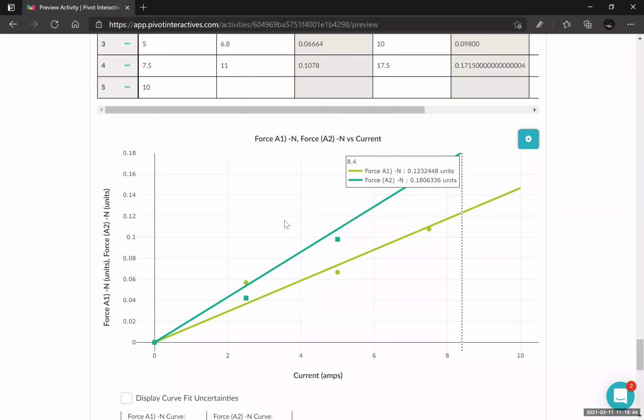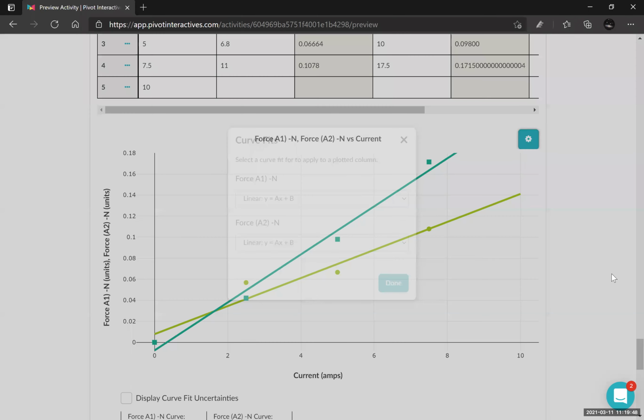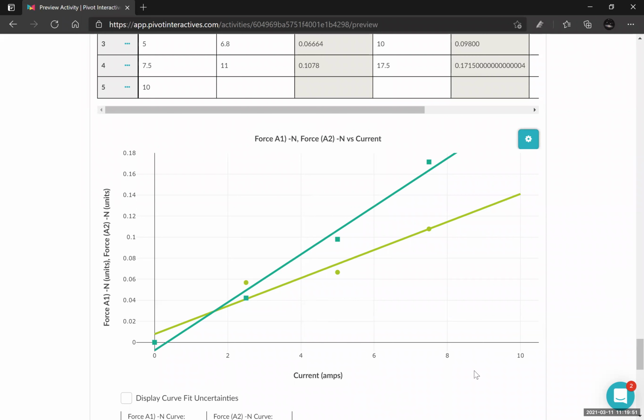Let me see if I do a linear fit. Okay, all right, so there's a proportionality. Also, one thing I can see: this is 2.5 amps current. For this particular current, or any of the others, I have a feeling that this point I measured is a little bit wrong.